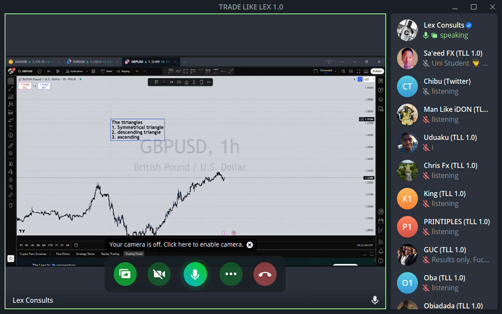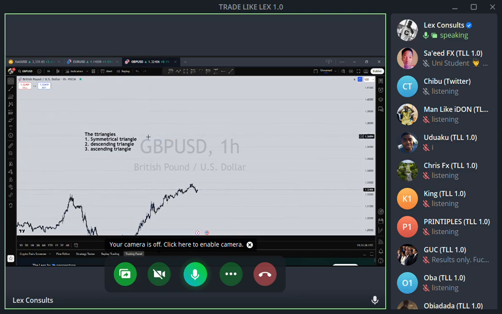This one is so difficult to see. It's the most unpopular, the quiet one. The symmetrical triangle is the loudest one. It's more like a pennant, but in a broader form.